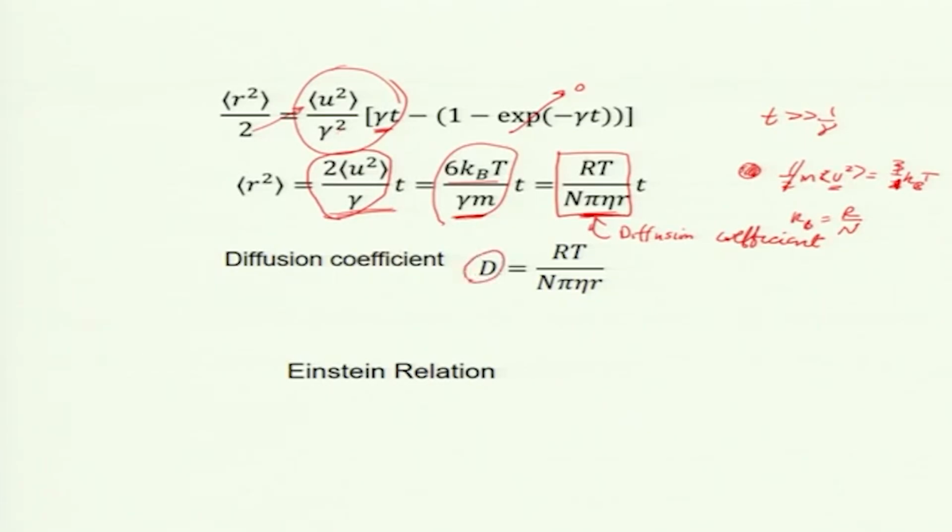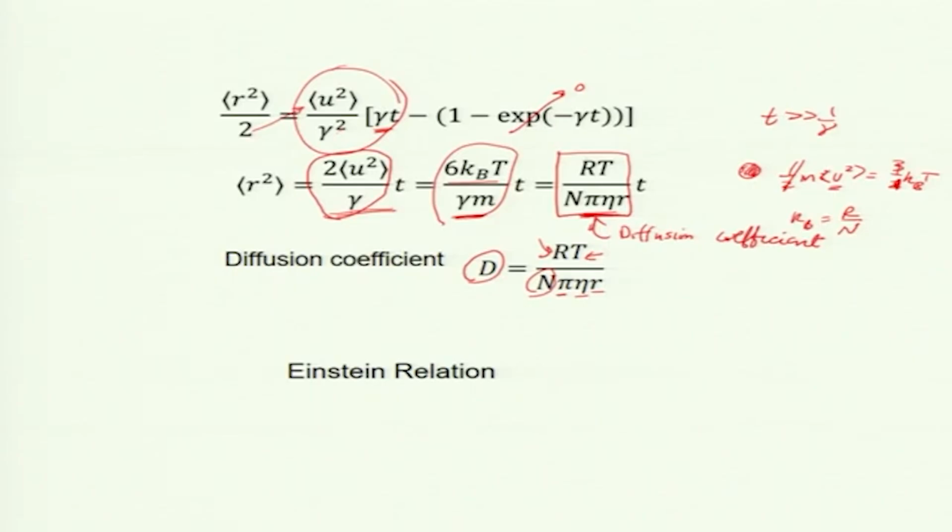The experiment reported D, R was known from thermodynamics, temperature was known, eta was known for water, and the molecule radius was estimated. So N can be obtained from this. From the experimental data N was determined; he was off slightly, but he was quite on the dot.